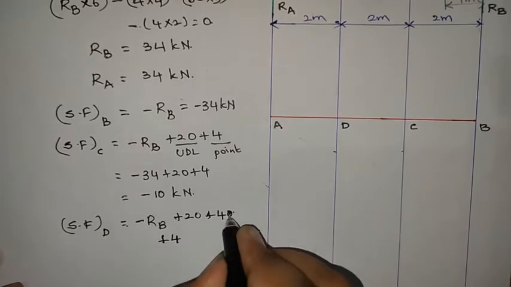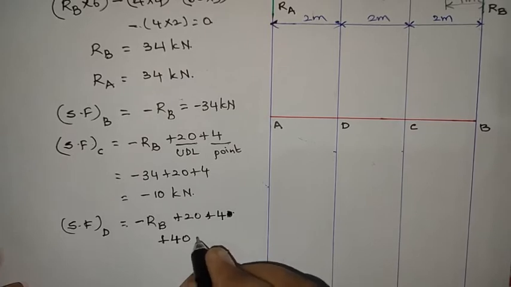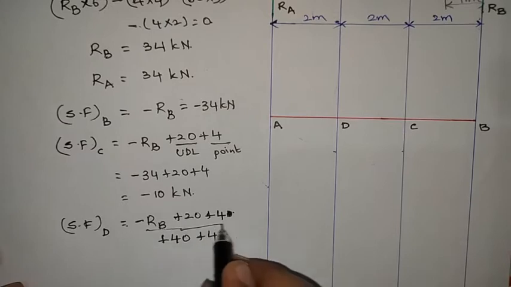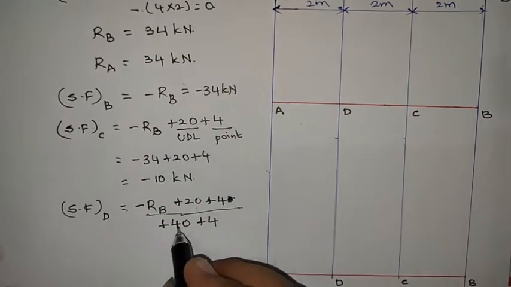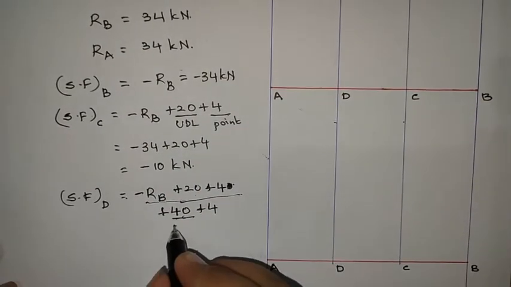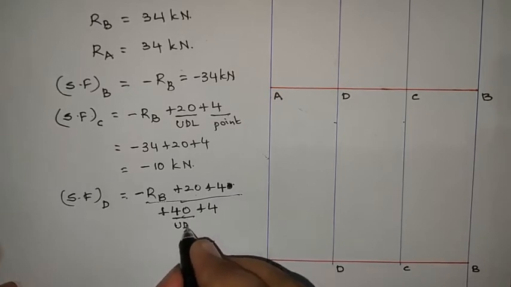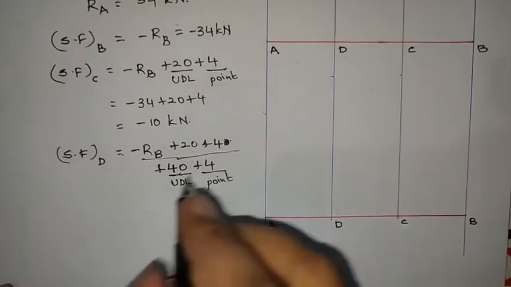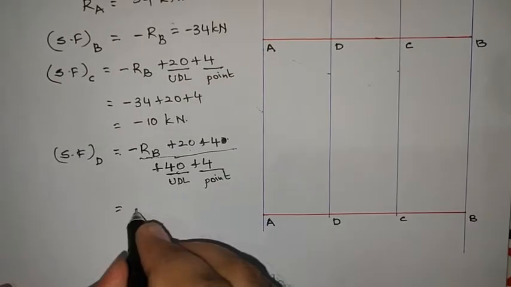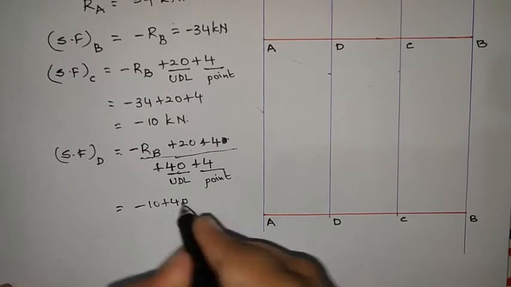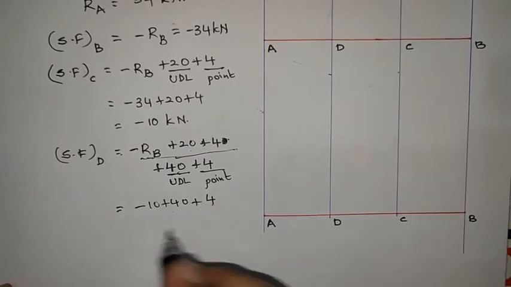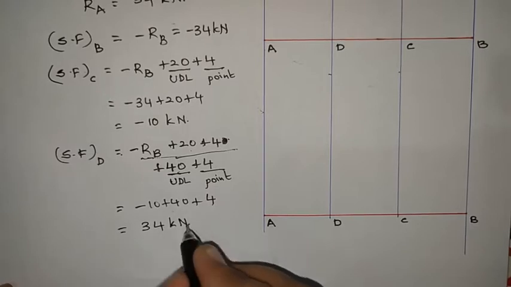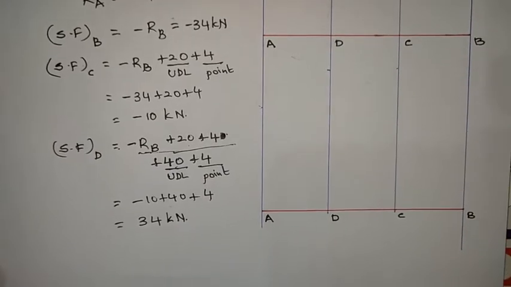Up to this is common, next this one is due to UDL, and this one is due to point load at D. So that equals minus 10 plus 40 plus 4, that equals 34 kilonewtons.